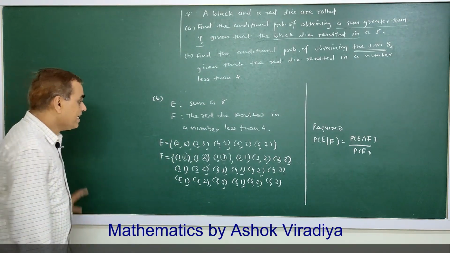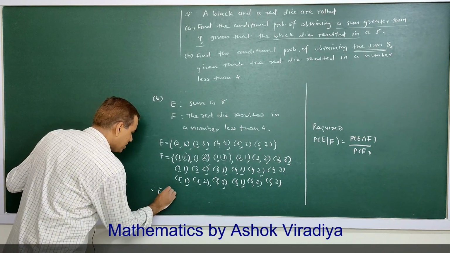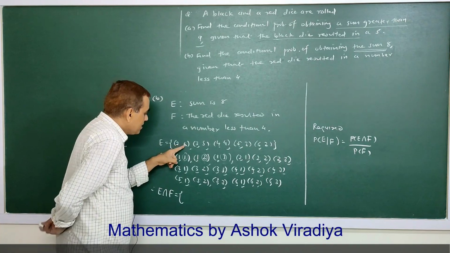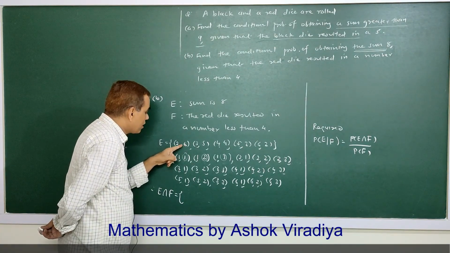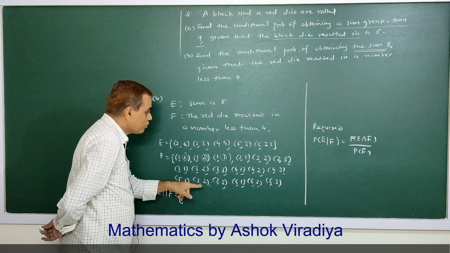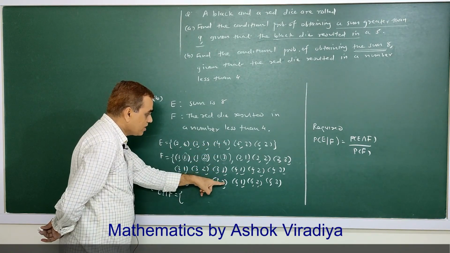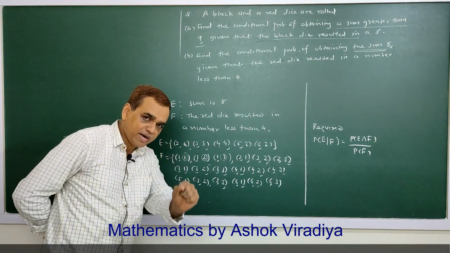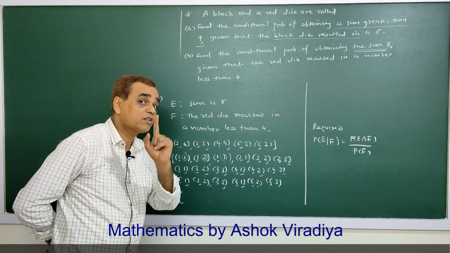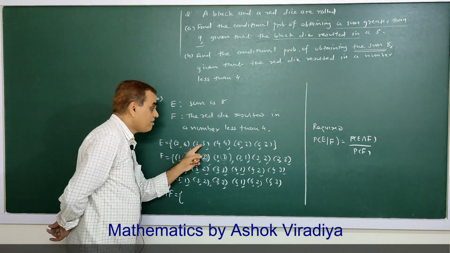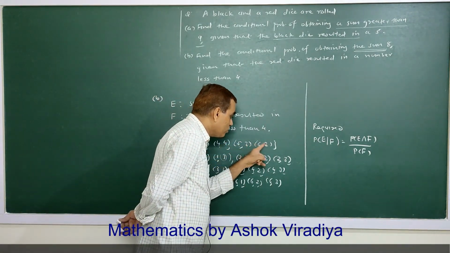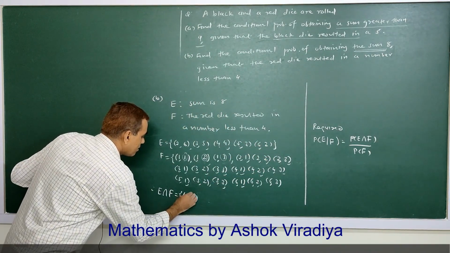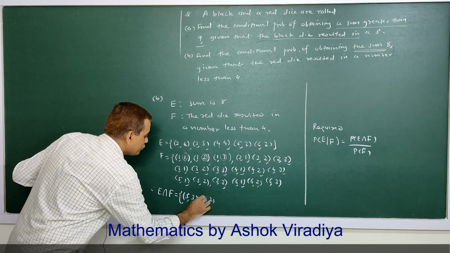Now the intersection of these two sets. This is the set of all ordered pairs in which the second element is 1, 2, or 3, not 4, 5, or 6. Here 5,3 and 5,2 are allowed in this set.